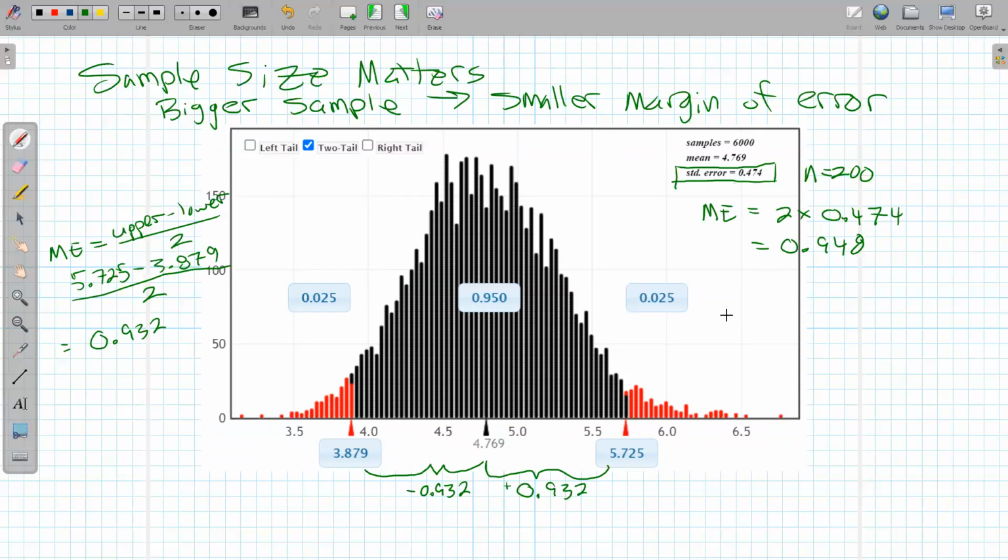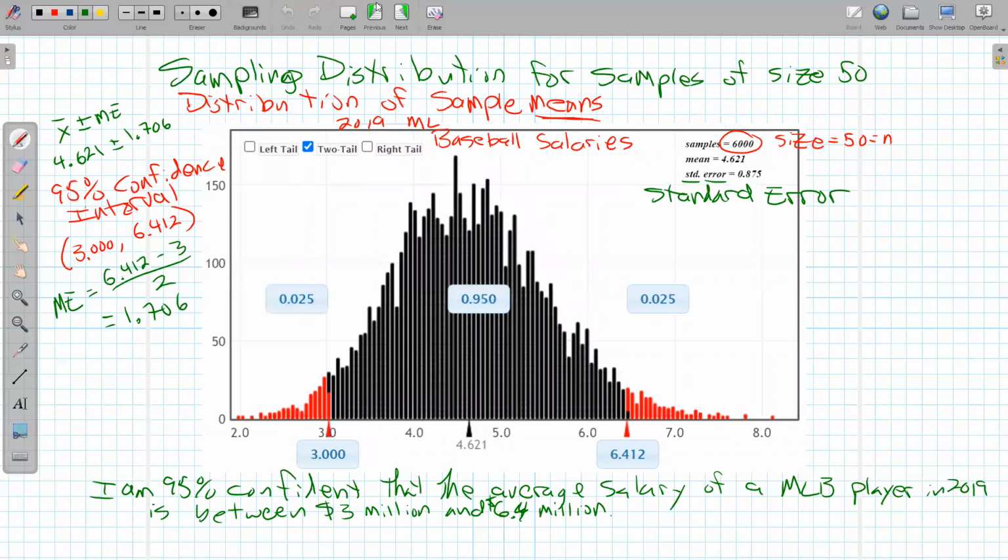And there's a lot of reasons why it's not exactly the same. Part of it is the idea of these simulations have a little bit of randomness, a little bit of variability. So sometimes that twice the standard error will be exactly what you calculated for the margin of error. Sometimes it's just going to be close. I look at my previous example over here. Yeah, this one. There, my standard error was 0.875, so I can estimate a margin of error.